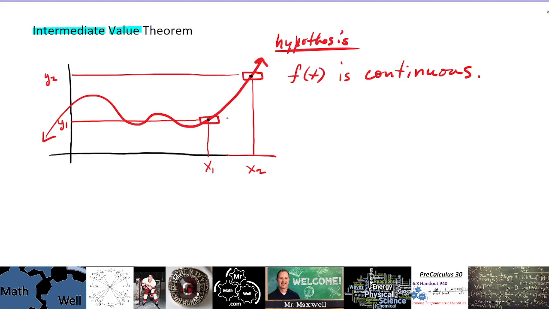But if it's continuous, and there is a value, let's call this value w, in between y1 and y2, it means that there must be a value c that is between x1 and x2.